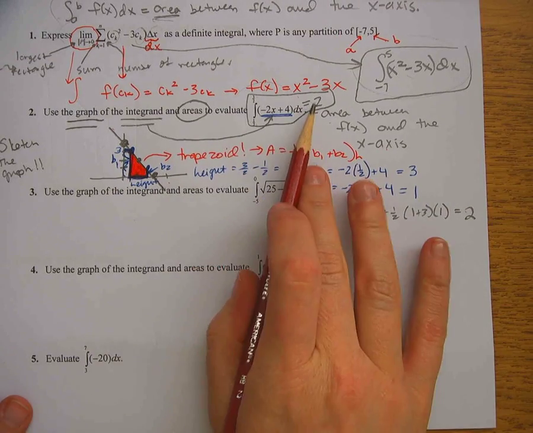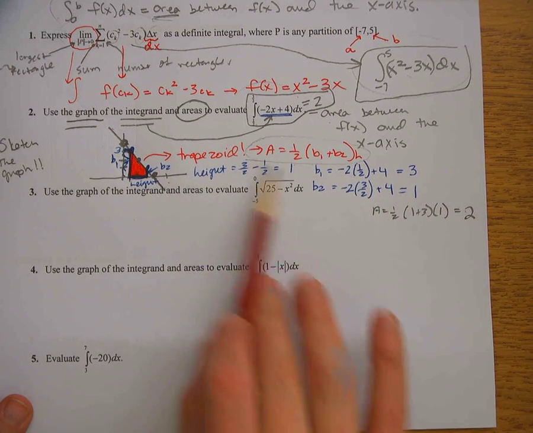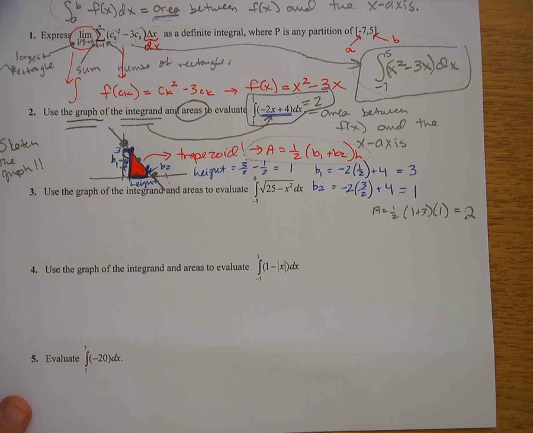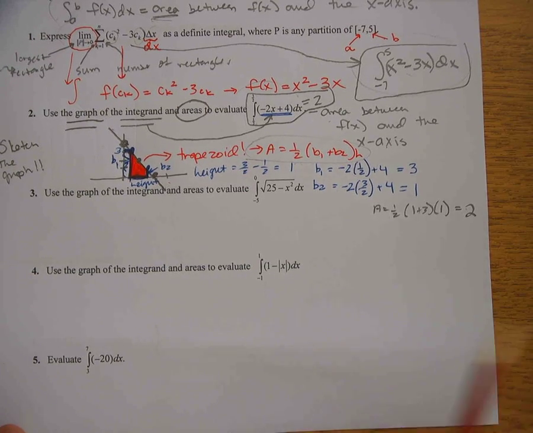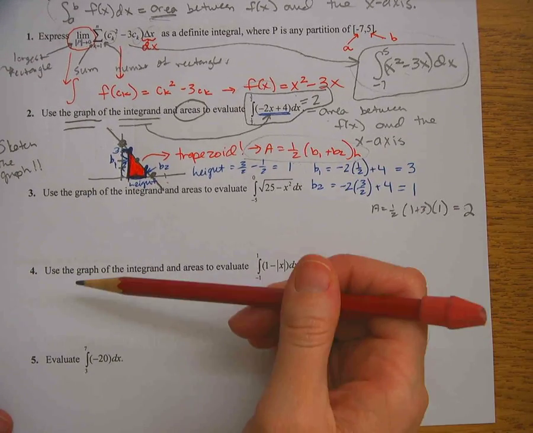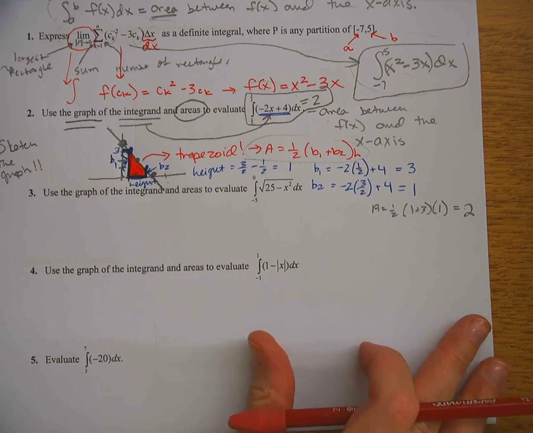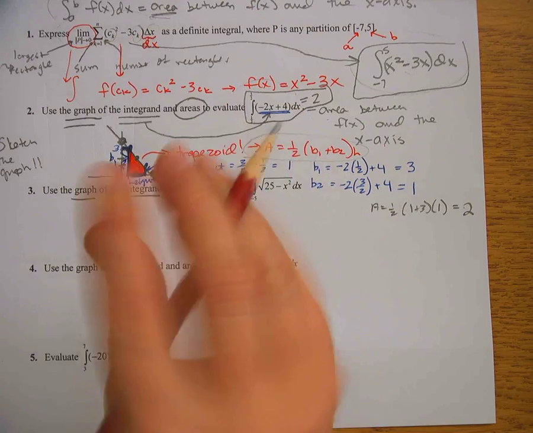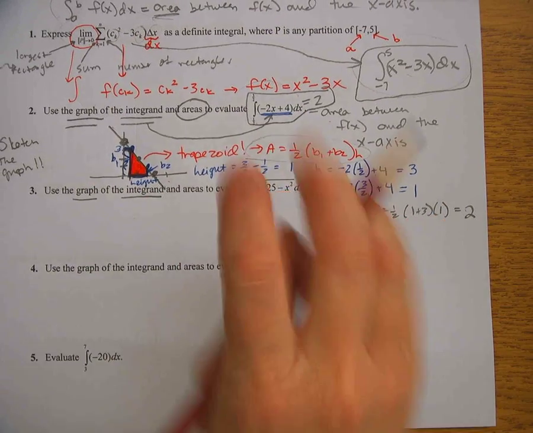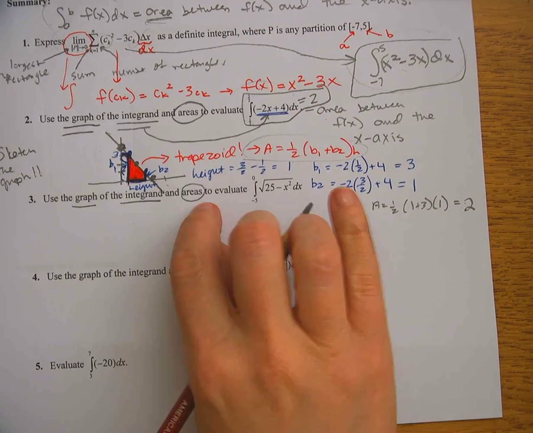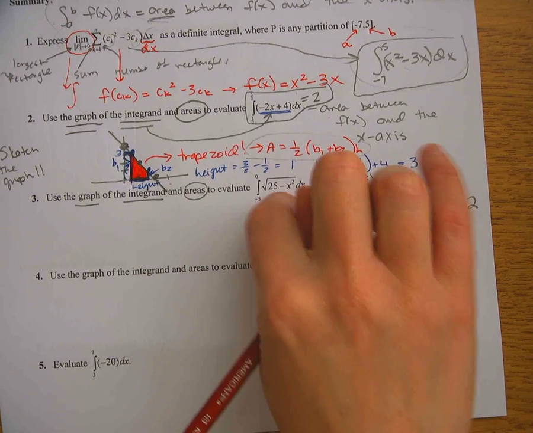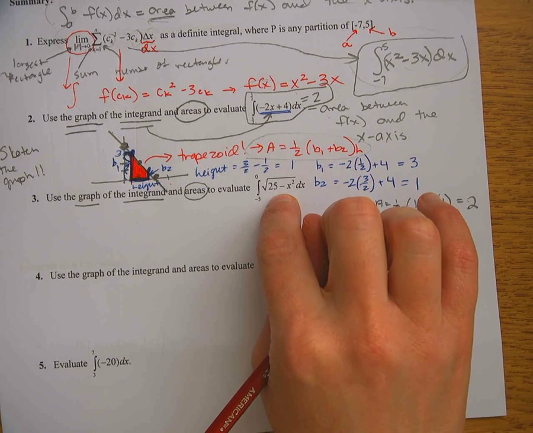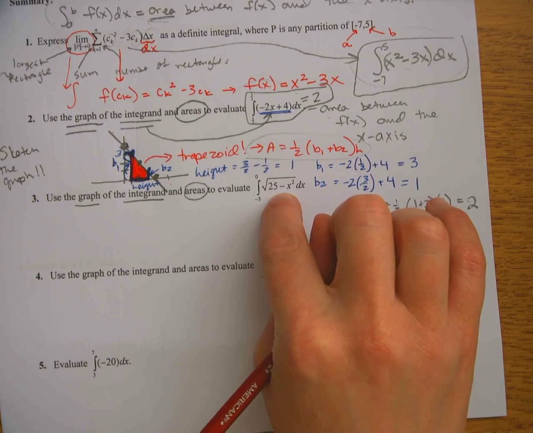And I found it by just using the formula for the area of a trapezoid using geometry. That's basically how I'm going to do 3, 4, and 5, because they all have the same instructions. You use the graph of the integrand, which is a fancy word for the function inside, and areas, meaning known formulas, to find this integral, since we have not yet learned other ways of finding that integral.